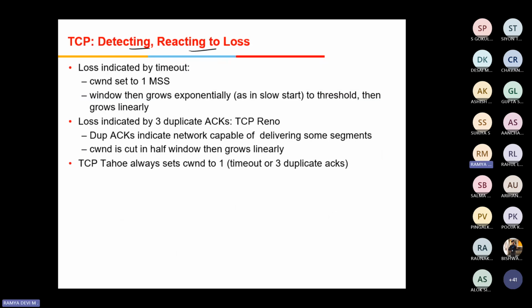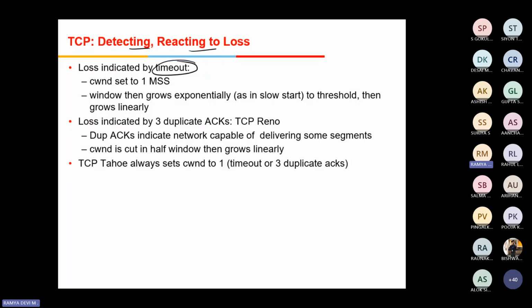Detecting and reacting to losses. So how does TCP detect packet loss and how does it respond to maintain stability? It can be detected with the help of a timeout. If the timeout happens, the sender can identify that the receiver did not receive the packets. Either the packet would have been dropped due to network congestion, or the acknowledgement would have been discarded within the expected time.